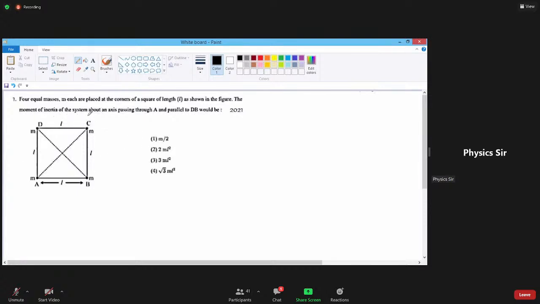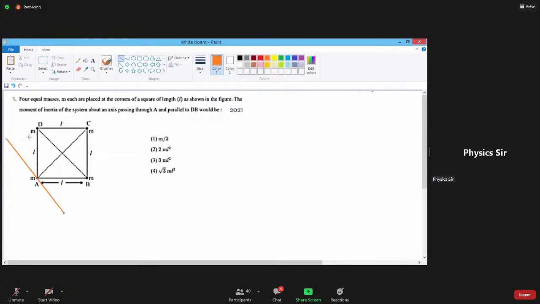The moment of inertia of the system about an axis passing through A and parallel to BD. So I need to draw a line passing through A and parallel to BD. So let me draw it. Can you see this line?